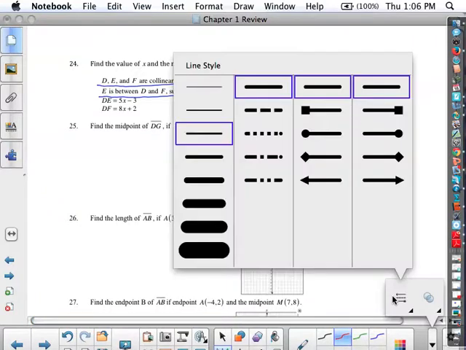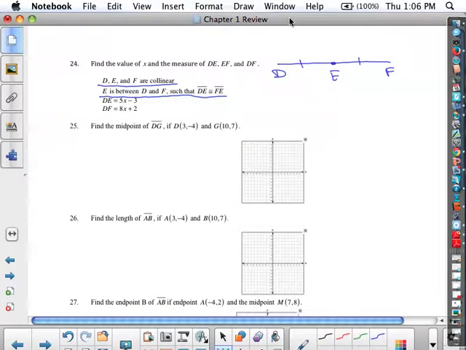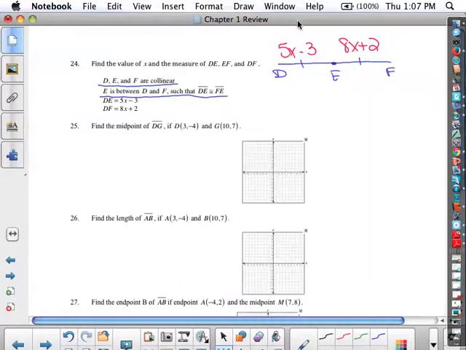DE, I'm going to label that DE is 5x minus 3. DF is 8x plus 2. Because they're equal, in order to solve this, that's exactly what I'm going to do. Set them equal to each other. 5x minus 3 is equal to 8x plus 2.